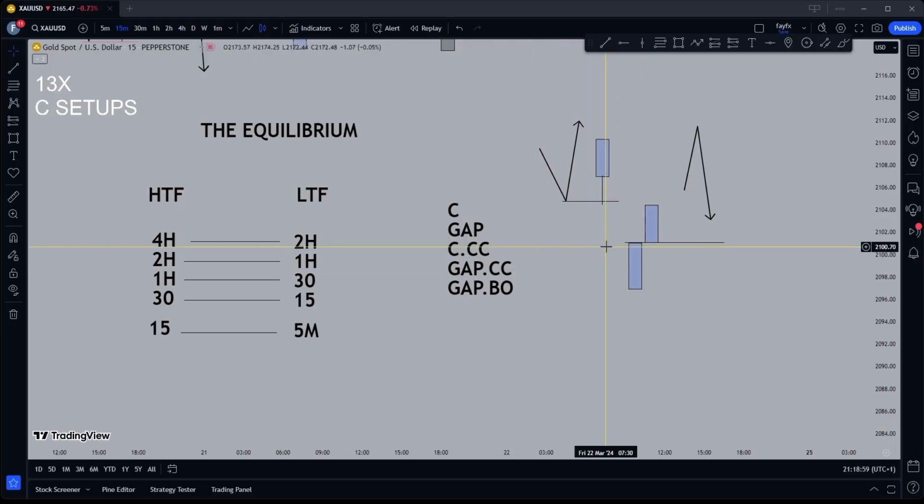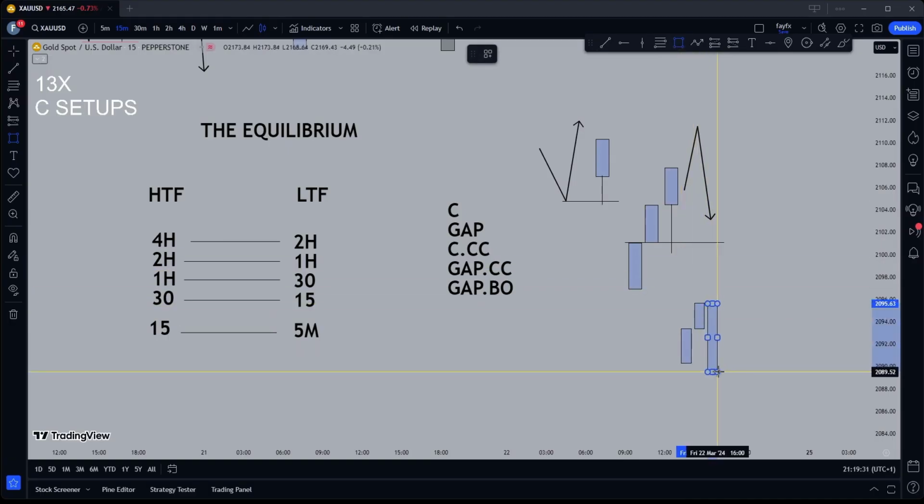We have also a gap CC. A gap CC is a gap that has a CC. A gap breakout is actually this gap, a gap that got broken very aggressively.